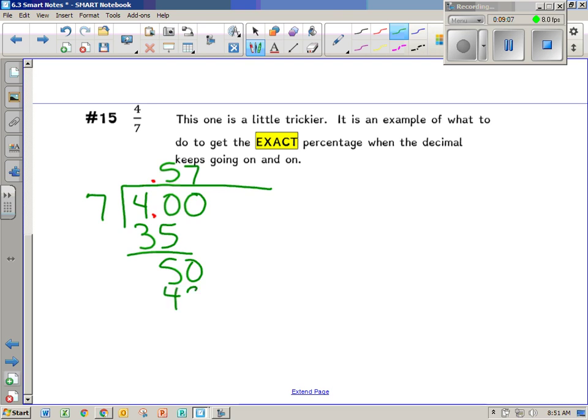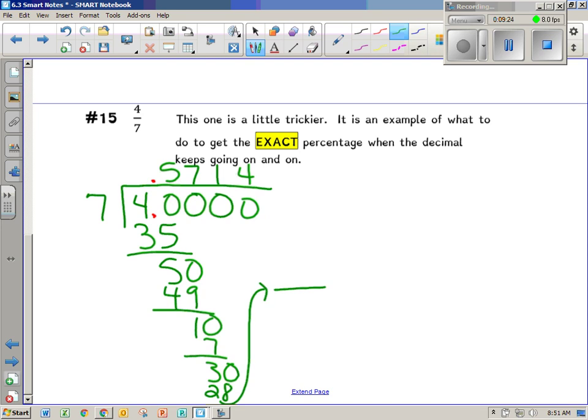That's 49. Add another 0. 7 into 10 goes once. 0. 7 into 30, 4. That gives me a 2. Bring down. So add another 0. 7 into 20 is going to go twice.